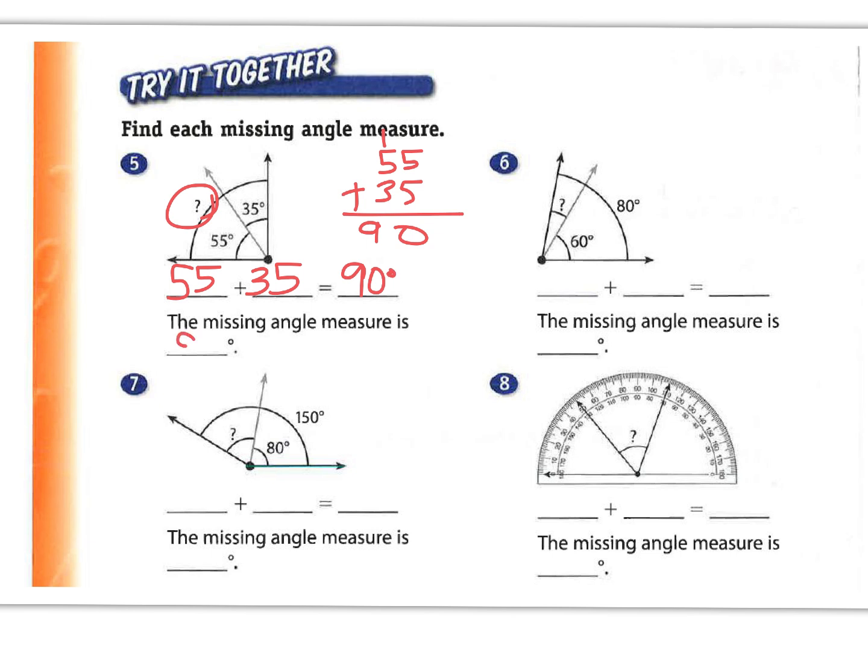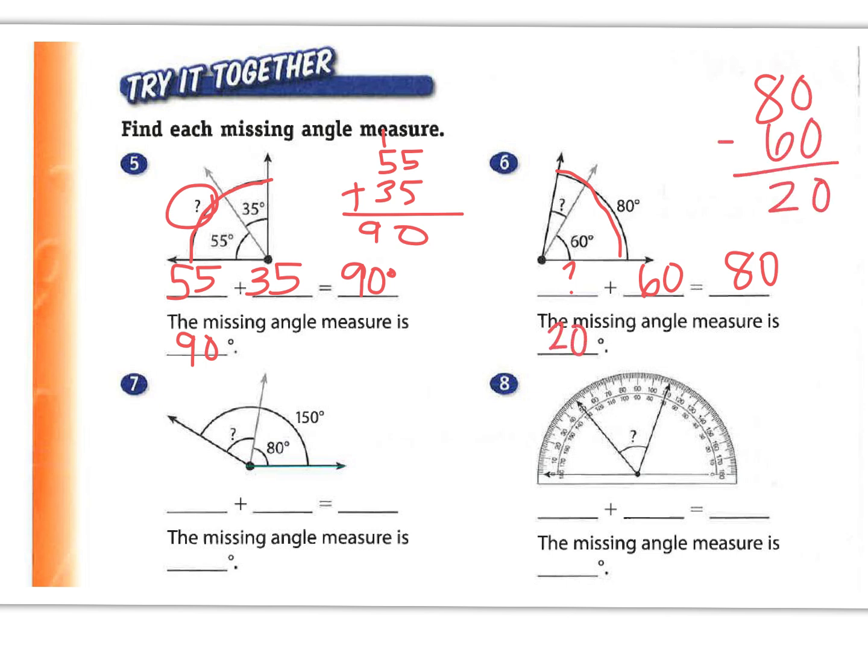So that means the missing angle, the big angle from here to here, is 90 degrees. Over here, number 6, we have the big angle. So we know the total is 80 degrees, but question mark plus 60 equals 80. Well, if we do 80 take away 60, we work backwards, we get 20 degrees. So this little missing angle right here is 20 degrees.